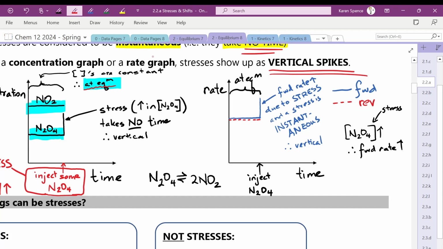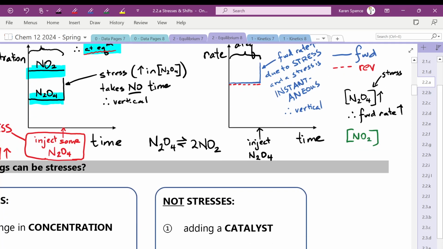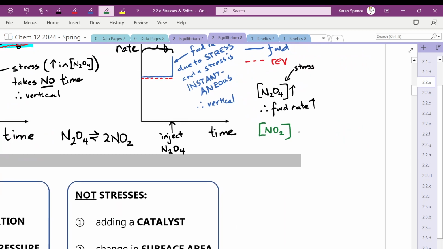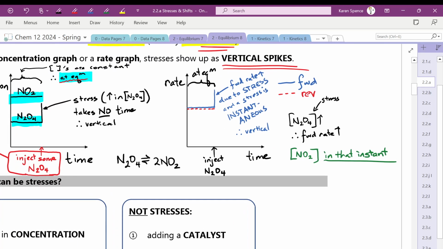What happens to the concentration of NO2 in that instant? So I've injected some N2O4.